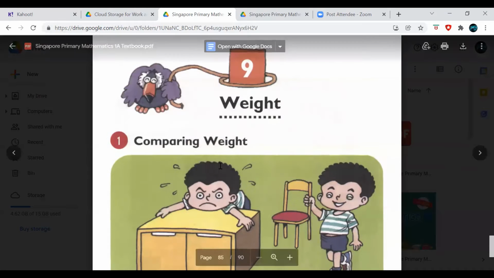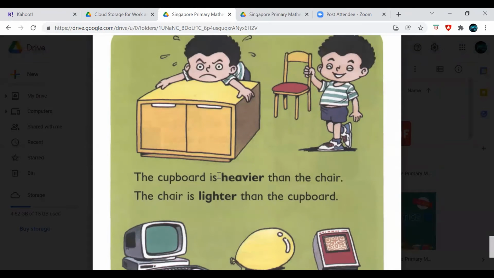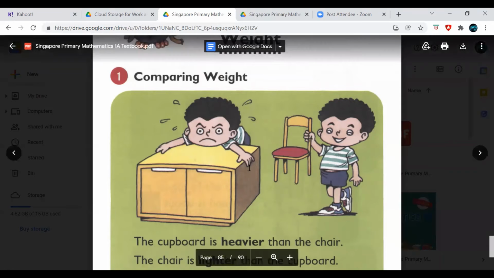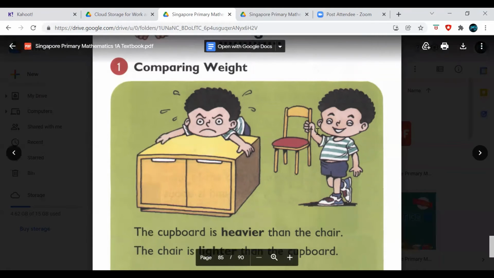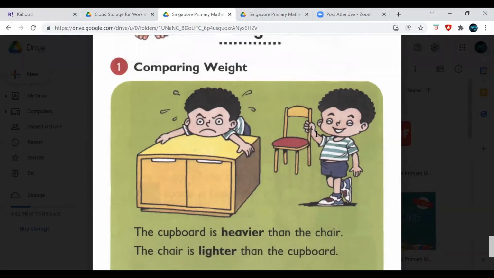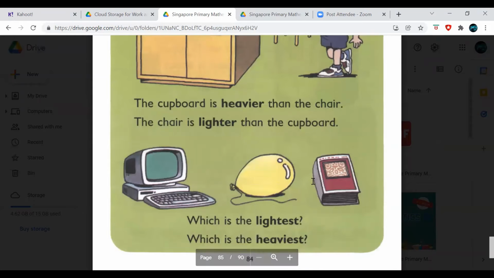Heavier means it has more weight, and light means it has less weight. In this first example, you can see that the cupboard is heavier than the chair, and the chair is lighter than the cupboard. You can see this person can hold up a chair without trouble, but he's struggling to lift the cupboard. Which is the lightest and which is the heaviest? Take a guess.